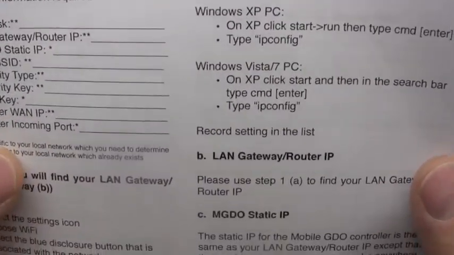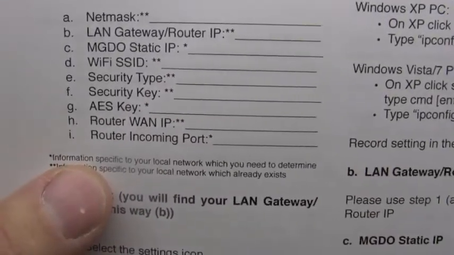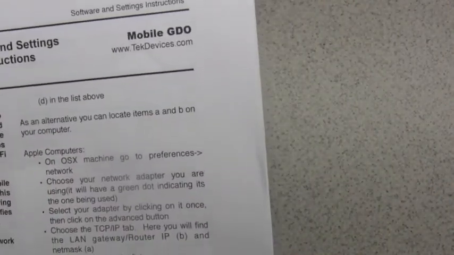Next one, security type. Security type is set up in your router. When you put together your wireless network, maybe someone did it for you, they would have chosen a security type, and it would be like WEP, or WPA, or WPA2, I think is the other one.